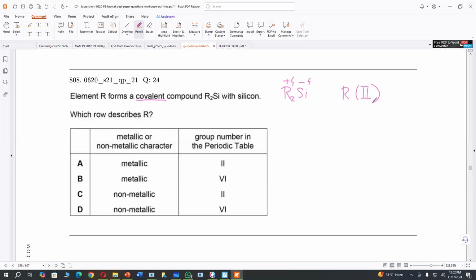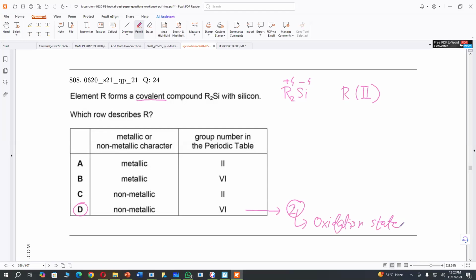Silicon is by default group 4, so it takes a charge of 4. So R is group 6, which means it can take a valency of 2, an oxidation state of 2.